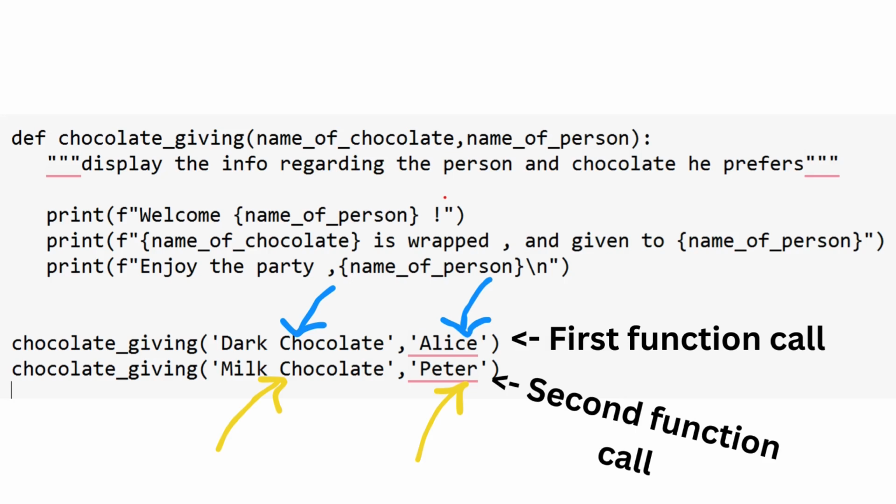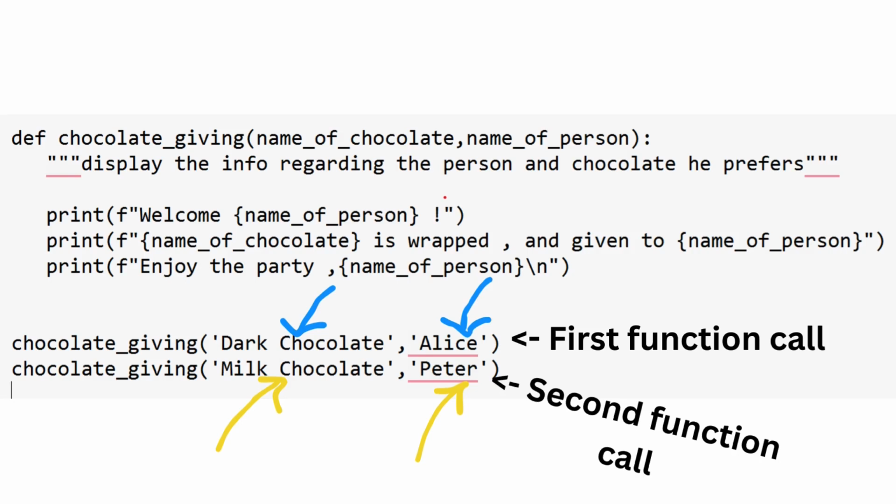A function can be called as many times as we wish, right? So here in the second function call, the argument milk chocolate is assigned to the parameter name of the chocolate, and the argument Peter is assigned to the parameter name of the person. Then the function uses the parameter values to display the welcome message. I think a party is happening here.